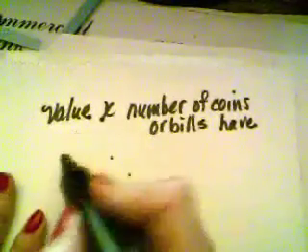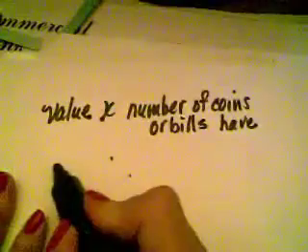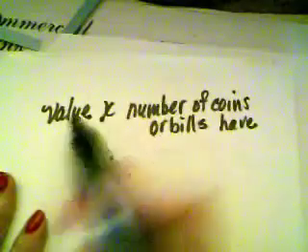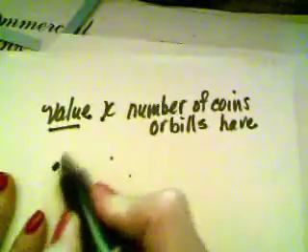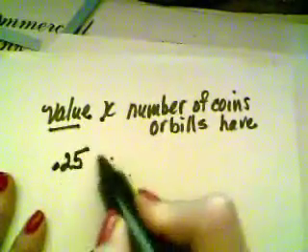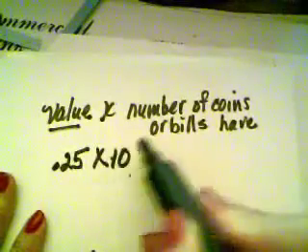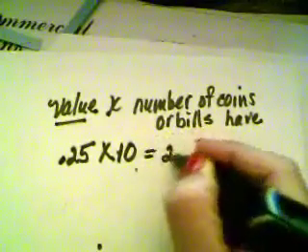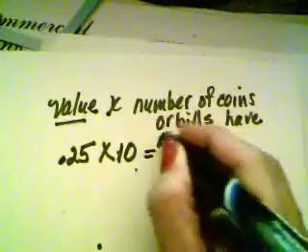So if I have 10 quarters, the value of that quarter is 25 cents, and I'm going to multiply it by the number I have, and that gives me how much money that I have.